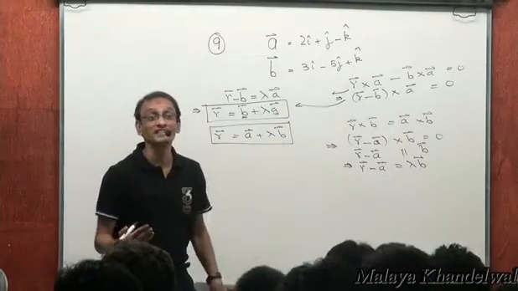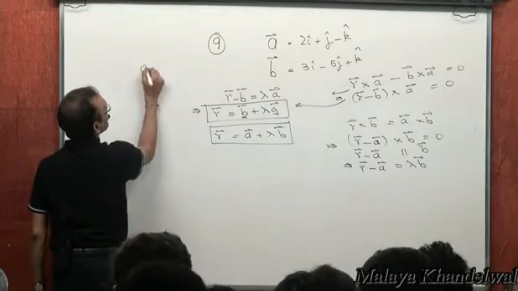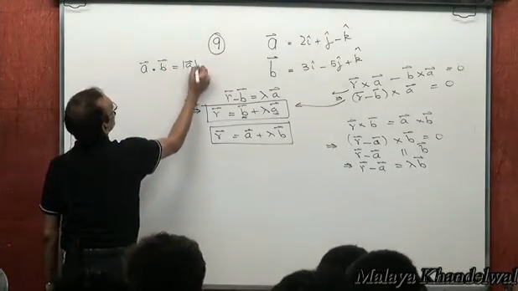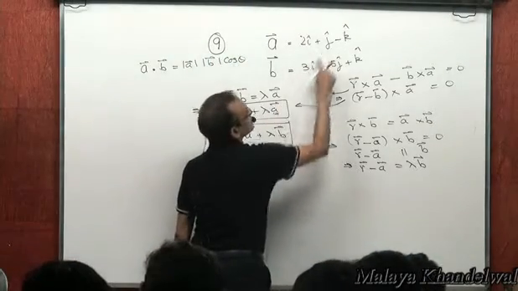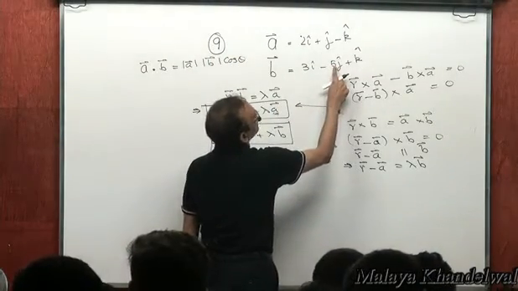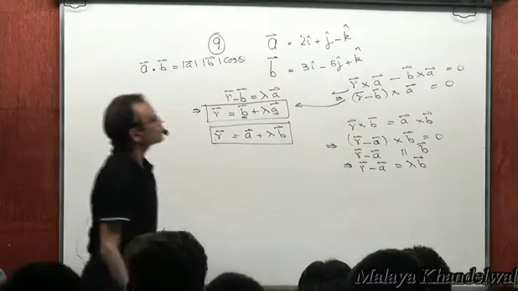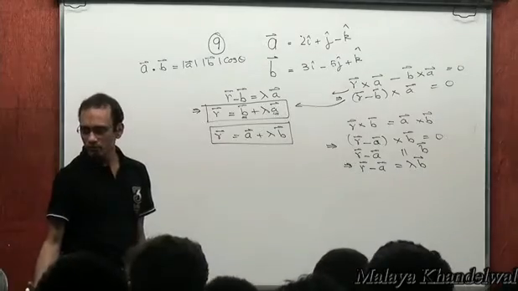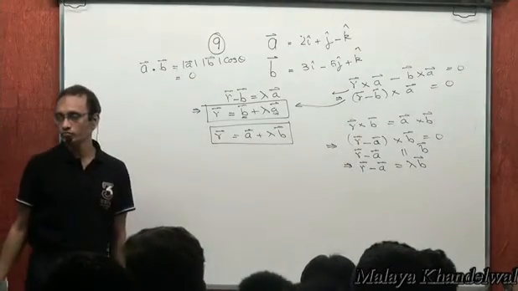The angle between the two lines is the same as the angle between A and B. So all you need to do is A dot B is mod A mod B cos theta. A dot B you can find: 6 minus 5 minus 1, minus 1 is 0, 5 minus 5 is 0, right? A dot B is turning out to be 0.